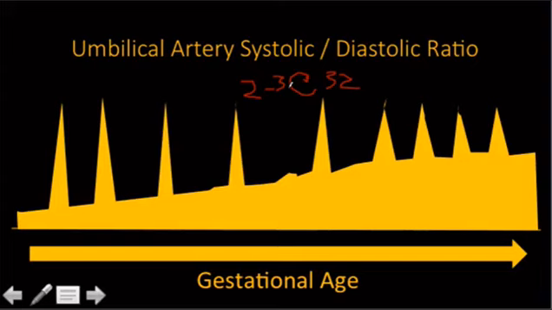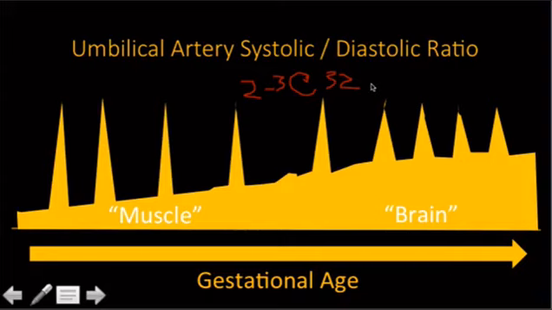And so this idea is that as you get older and mature as a baby, you become less of a muscle and more of a brain. Early on, your resistance pattern is similar to a muscle, just like the resistance patterns in the external carotid for the facial muscles. They're high resistance. You can turn them on and off.